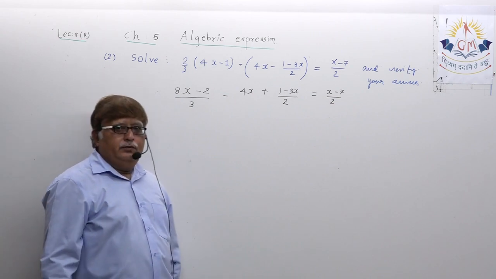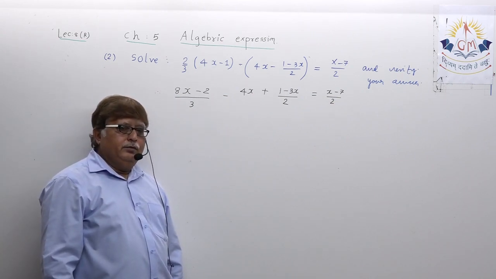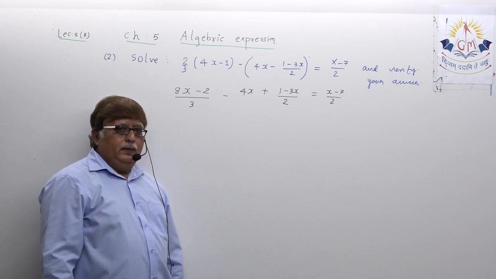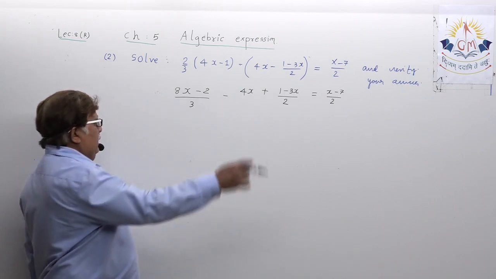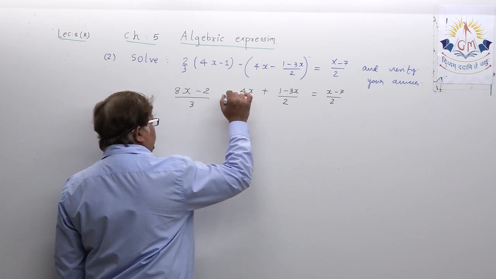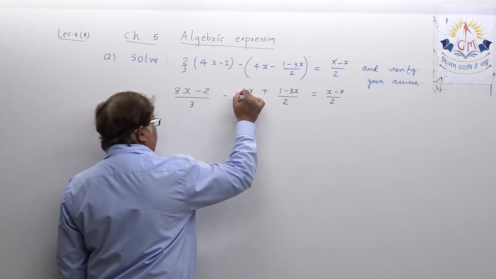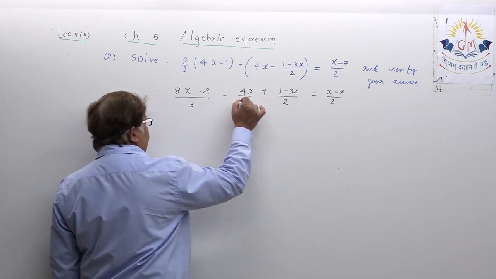First, verify the steps we have done, okay? First, you need to verify the steps we have done here. No denominator appears here, so you can place 1, okay?